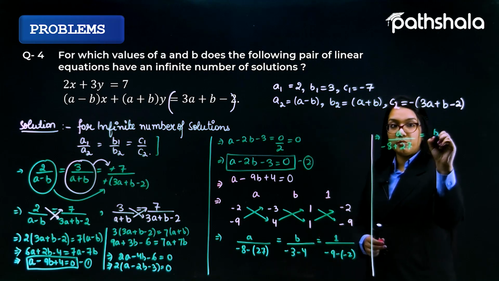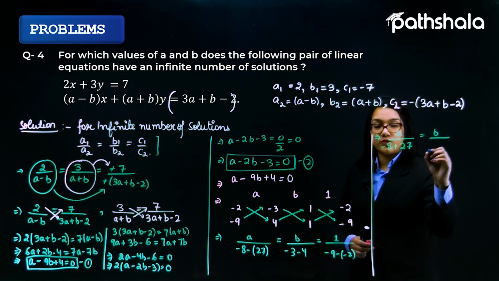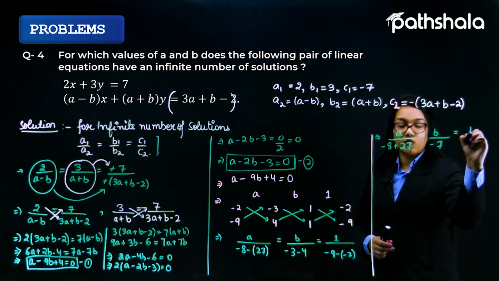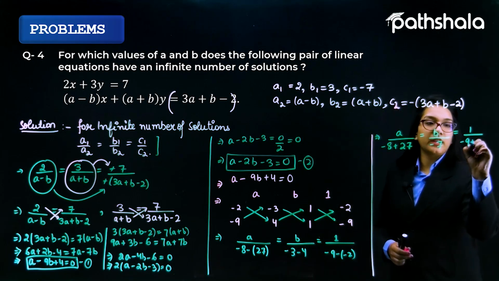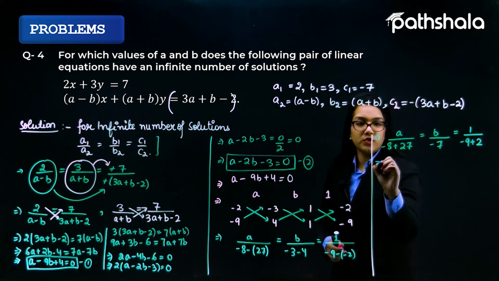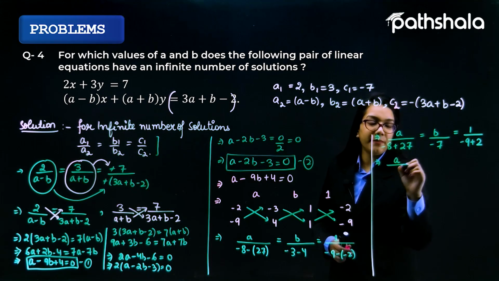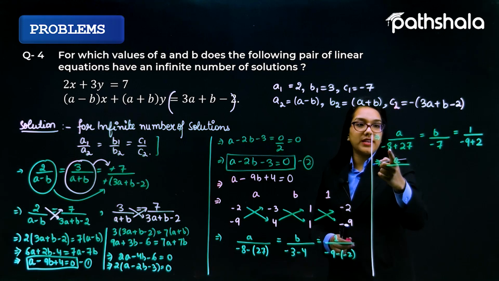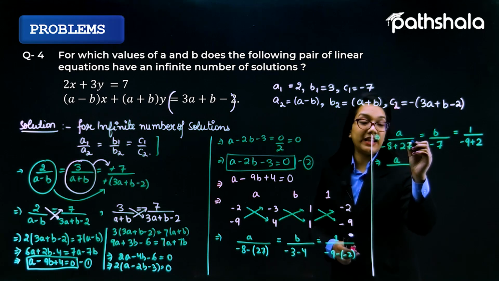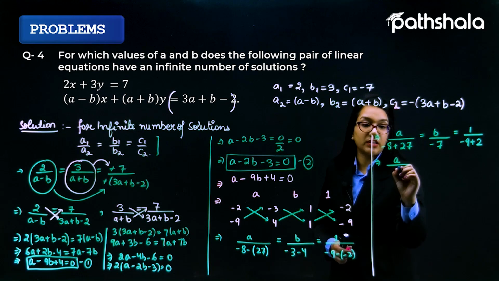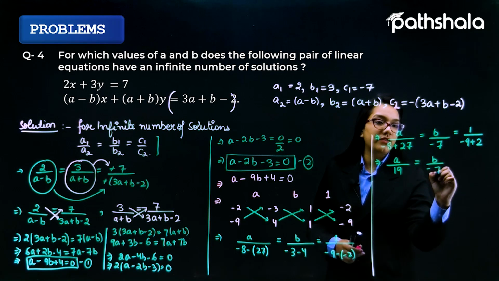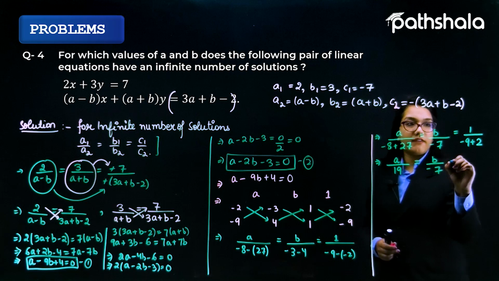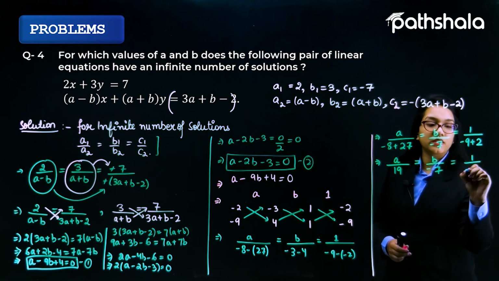Further it is equal to b divided by, this would be minus 7 is equal to 1 by minus 9 plus 2. So this would be a divided by, we have this as nothing but 17 and 9 and 8 is 17. So this is nothing but 19. Further we have b as minus 7. Further we have this as 1 by minus 7.